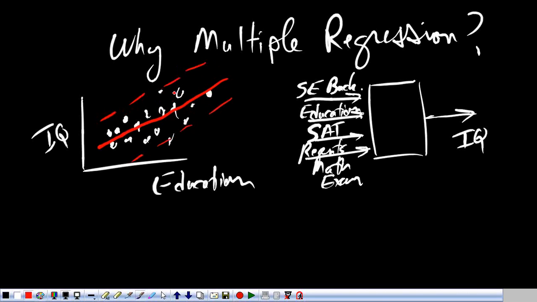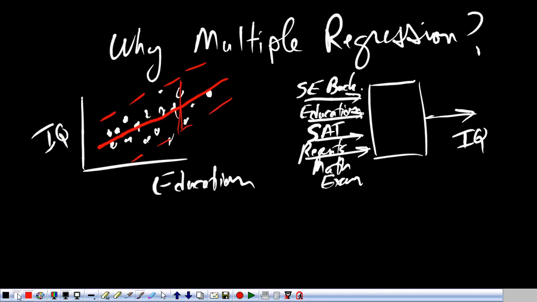So we couldn't just use education to predict IQ. You tell me your education level, and I'll tell you your IQ. We couldn't do that. However, we wouldn't want to discount it alone, so we might want to bolster that.